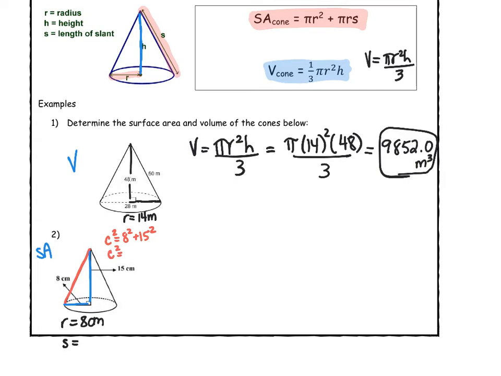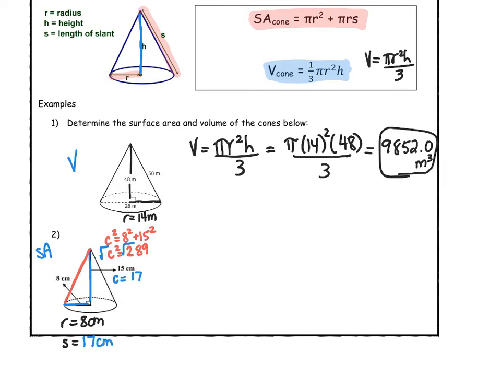So 8 squared plus 15 squared is 289. And then I need to square root on both sides of the equation there. So my hypotenuse of my triangle is 17. So that means that my slant height is 17 centimeters.